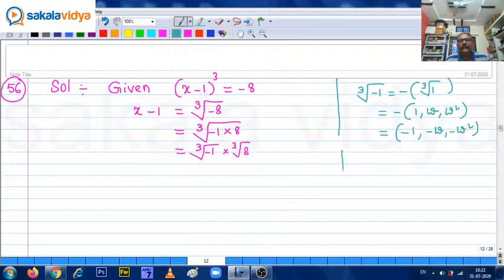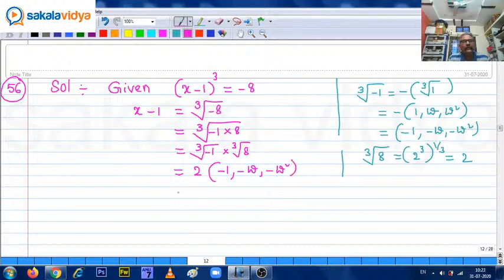One more thing, the cube root of 8 equals 2 cube whole to the power of 1 by 3, that is 2. So now we can write this is 2 times minus 1, minus omega, minus omega square. This we can write minus 2, minus 2 omega, minus 2 omega square.